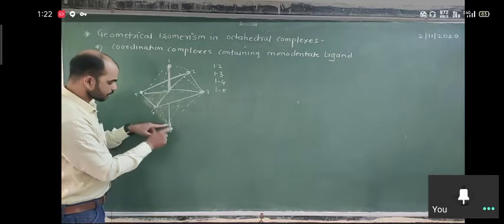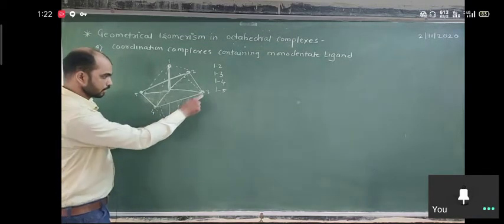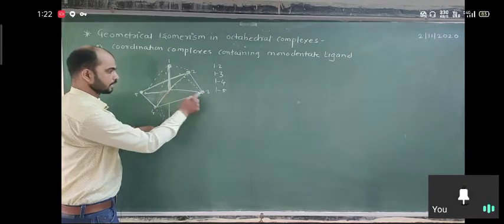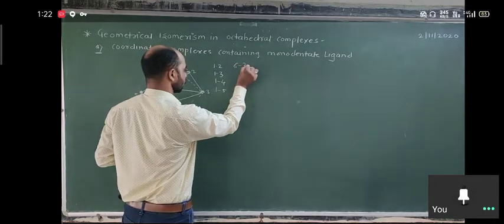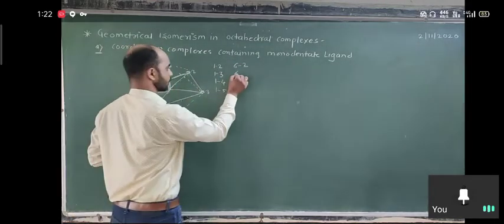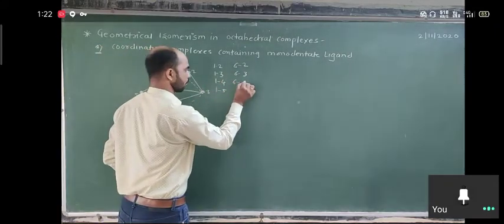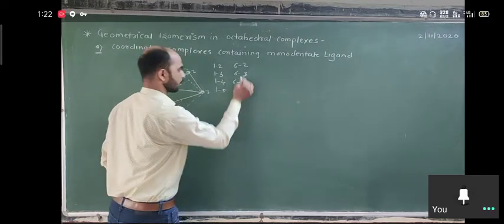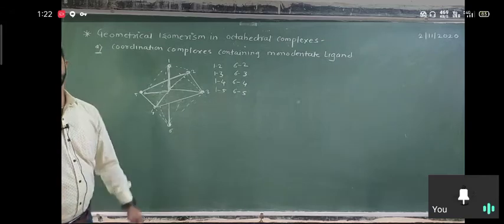For the below axial bond, consider the same thing. This number 6 with 2, 6 with 3, 6 with 4, 6 with 5: again these 4 positions are also cis to each other.